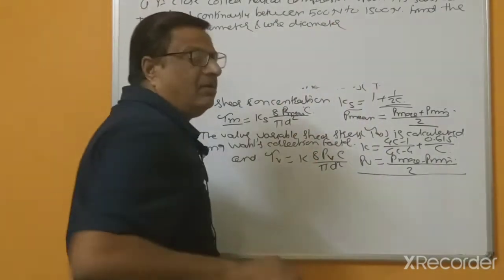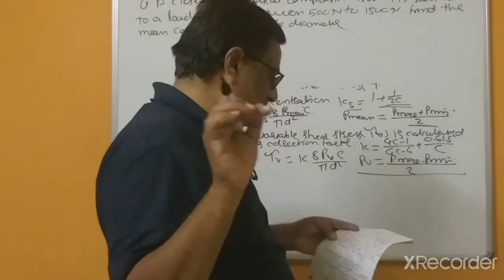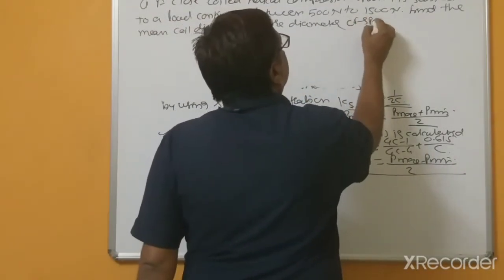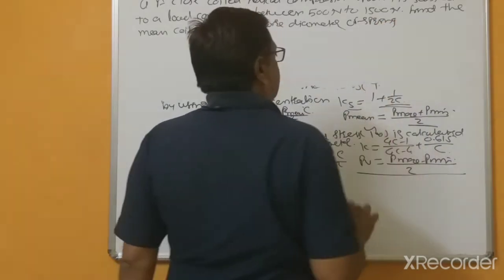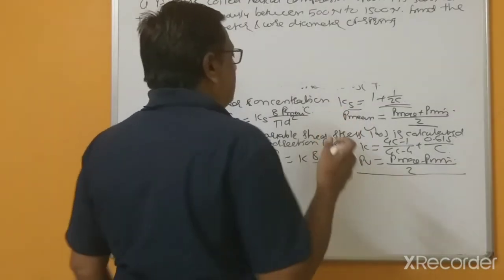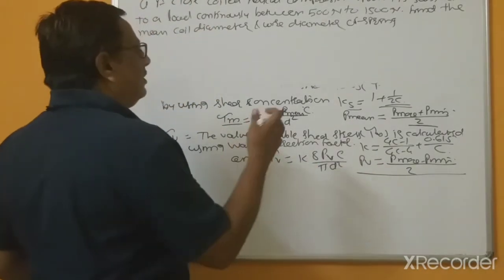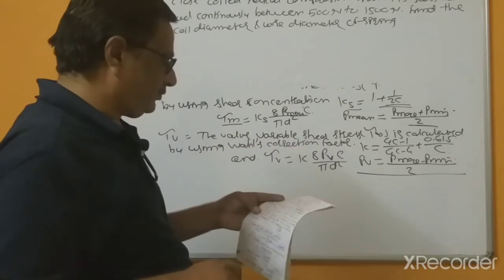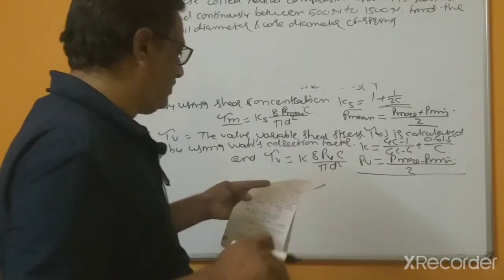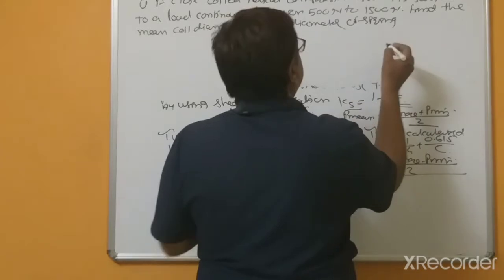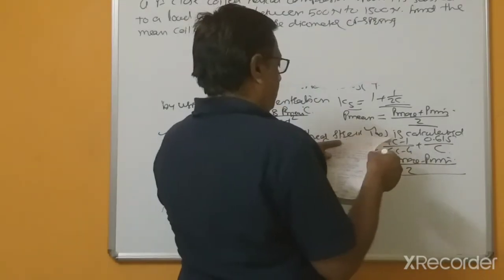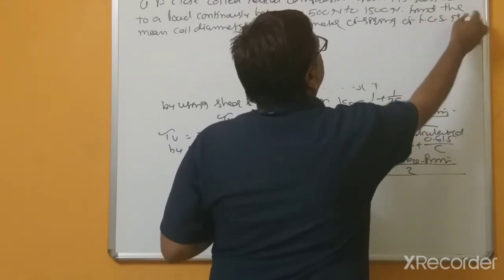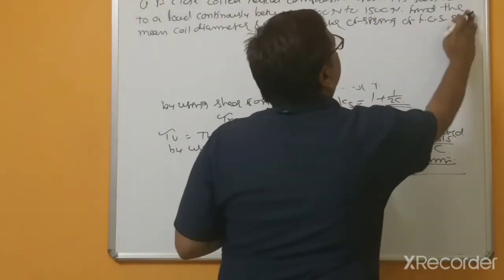So only the mean coil diameter, capital D, and wire diameter, small d, are to be calculated for the spring. Here the factor of safety is 1.5.